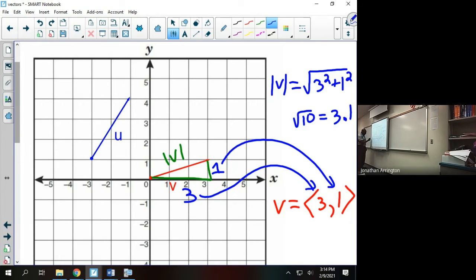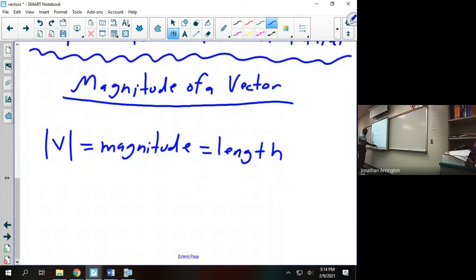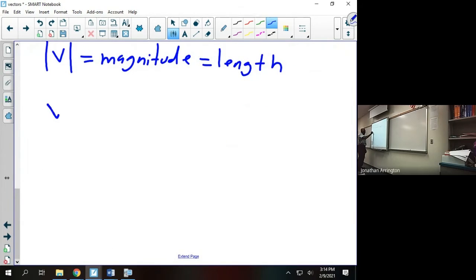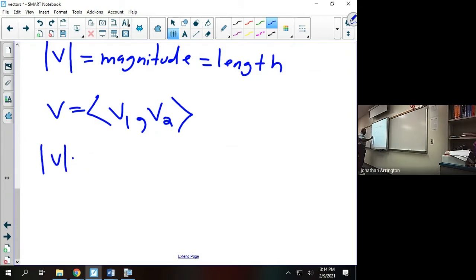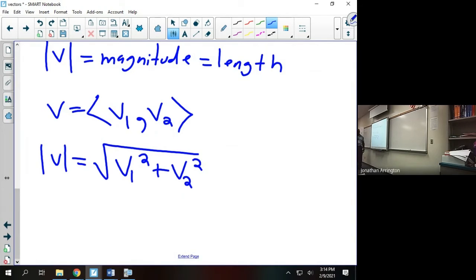So in general, for the magnitude of a vector, if the components of vector V are V1, V2, then the magnitude of vector V is the square root of V1 squared plus V2 squared. And of course, this formula is only if the vector is in component form. If the vector wasn't in component form, I just put it in component form, and then I'm able to use this formula.